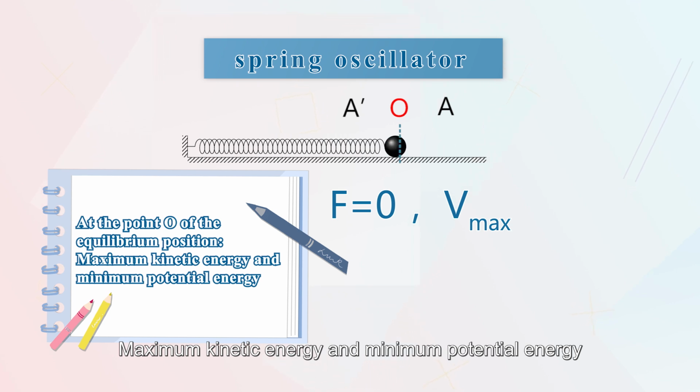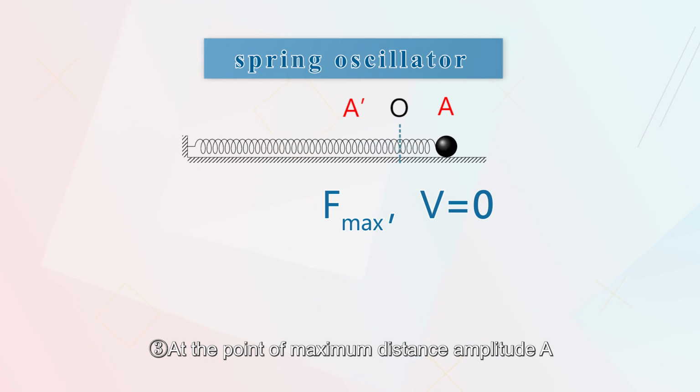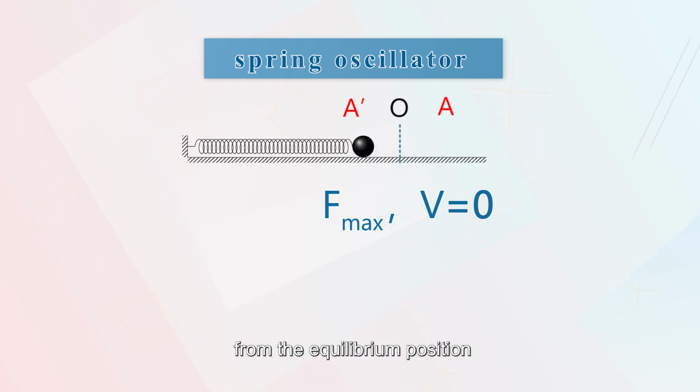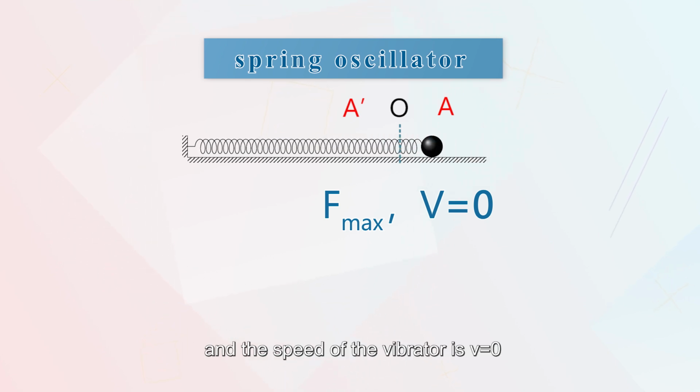kinetic energy is the largest and potential energy is the smallest. 3. At the point of maximum distance, amplitude A, from the equilibrium position, the restoring force F is the largest, and the speed of the oscillator is V equals 0.